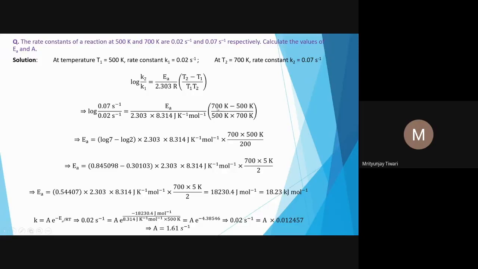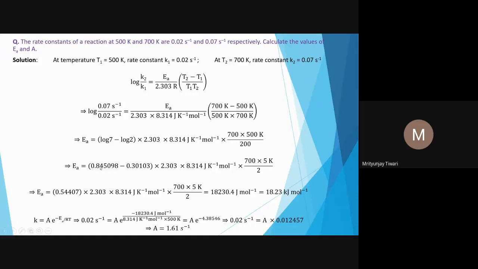So this 700 minus 500 will become 200 Kelvin, so 1 Kelvin and 1 Kelvin will become 700 into 500 Kelvin, 1 Kelvin divided by 200, and so this Kelvin cancels out, you can see here.